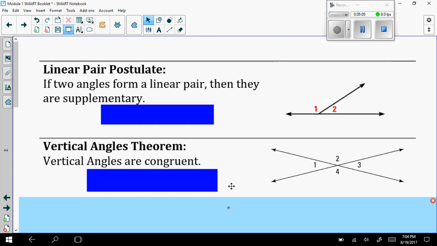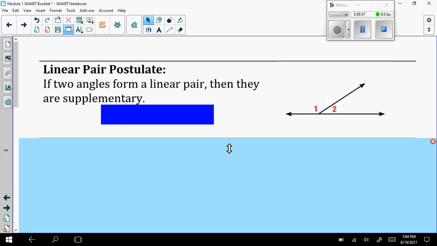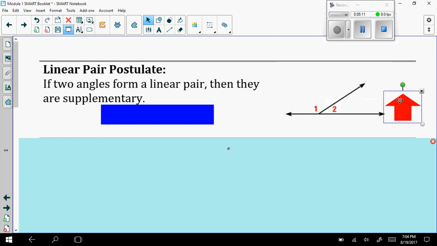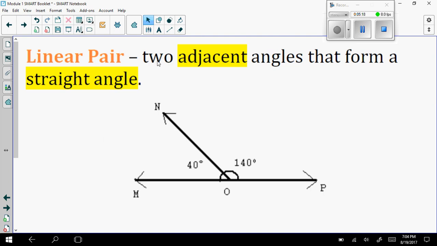All right, we're going to look at our linear pair postulate first. So our linear pair postulate says that if two angles form a linear pair, then they are supplementary. So let's refresh our memory about what a linear pair is. It's two adjacent angles. Remember, that means that they share a side and a vertex that form a straight angle, which means forms a line or a measurement of 180.